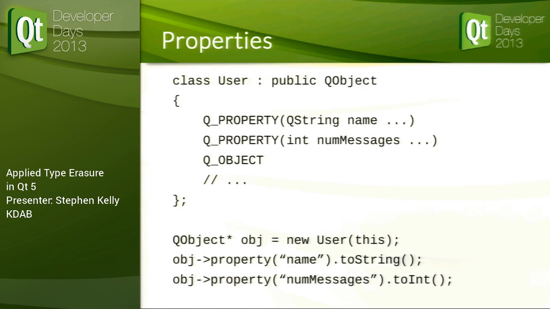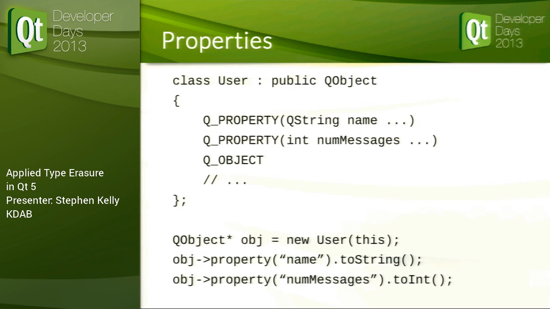So this QVariant API also appears in our QObject class that has a method called property. And using that property method, we're able to access things on the QObject. So we have to set up properties like that using the Q_PROPERTY macro if we want to have a static property.